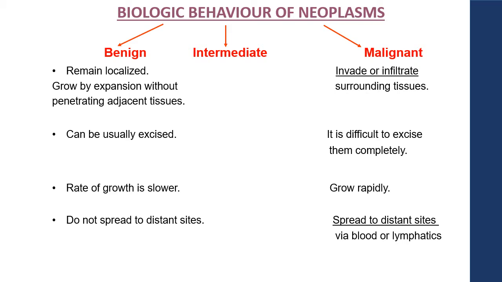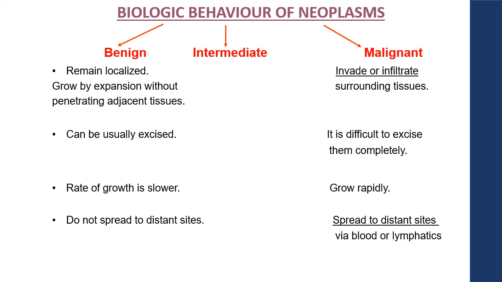This tumor can be easily excised, and its rate of growth is slow. These tumors don't spread. No distant metastasis in benign tumor. So benign tumors remain localized without infiltration of the surrounding tissue or distant metastasis.